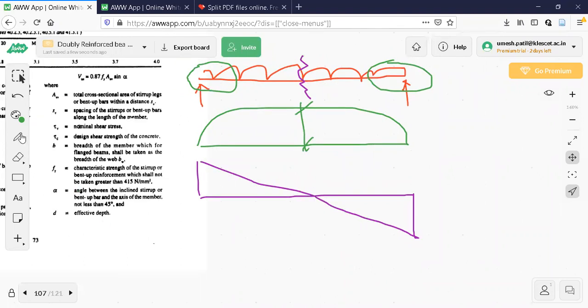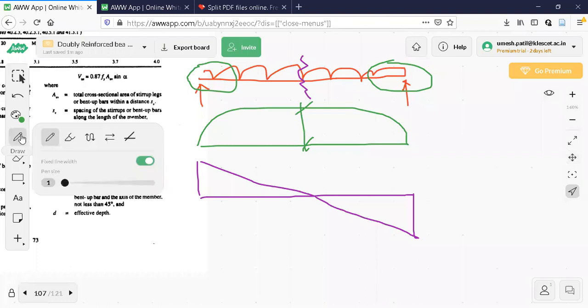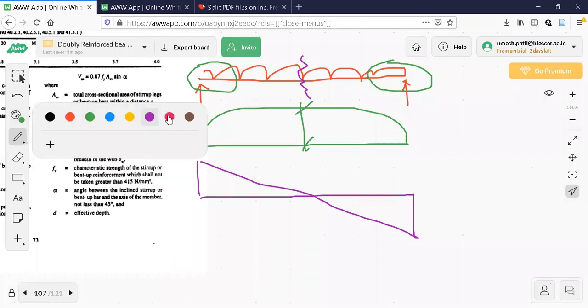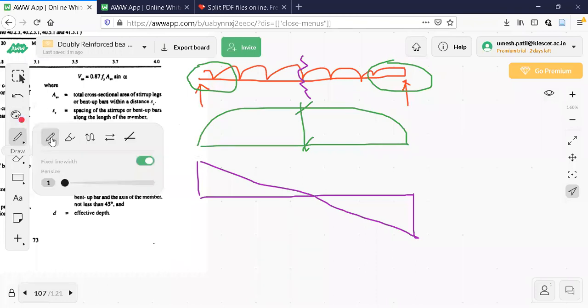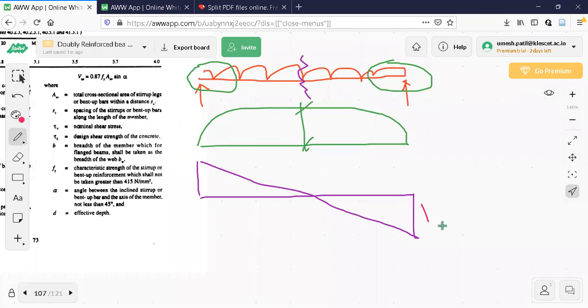Now observe this one. If you look at this, I'll write one simple formula here. VU, which is used in your code book. I'll use the same notations.